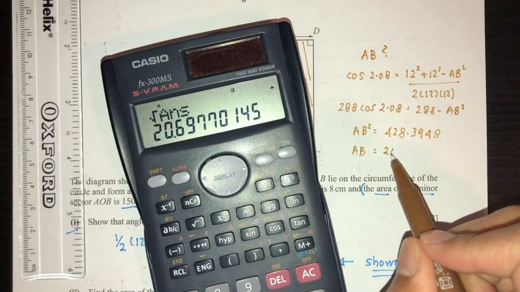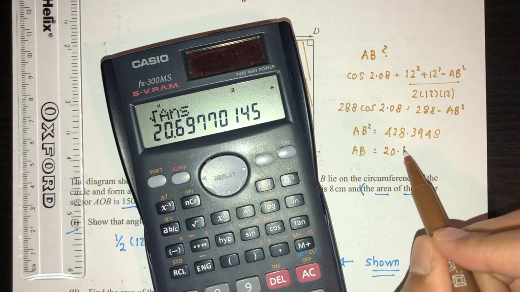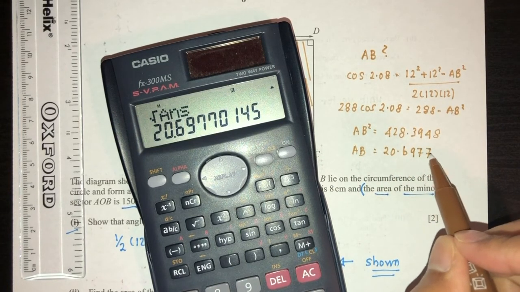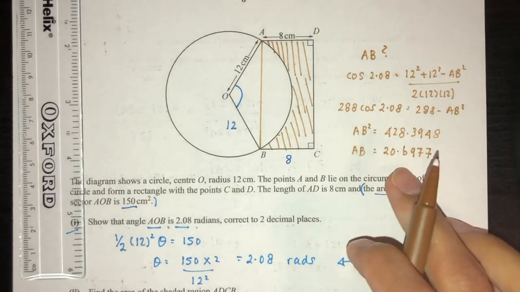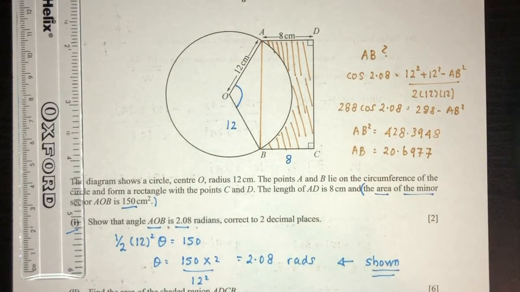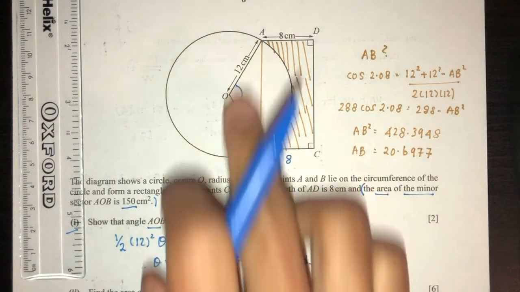So AB will be the square root of that value. That will be 20.6977. Because it is not our final answer, we have to keep more decimal places to have a more accurate value for our answer. So now we have AB. Now we have to find the area of the rectangle.